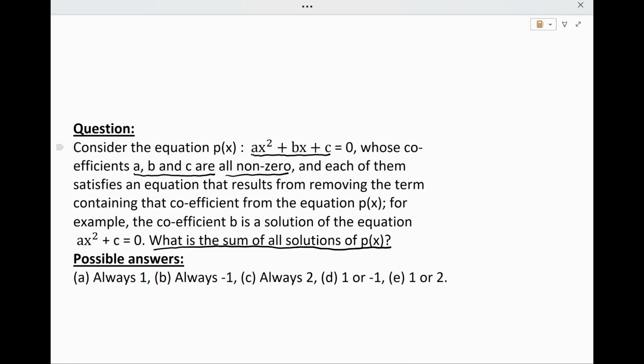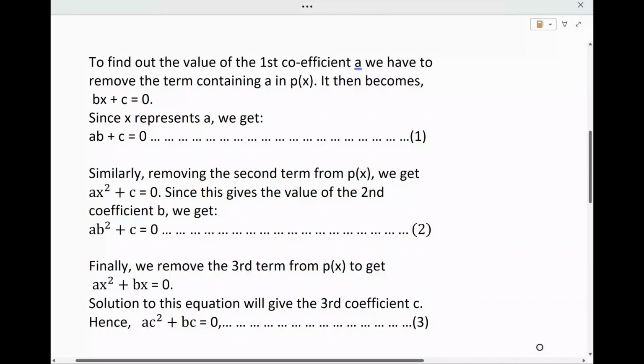To find out the value of the first coefficient, a, we have to remove the term containing a in P(x). Then the equation becomes bx + c = 0.